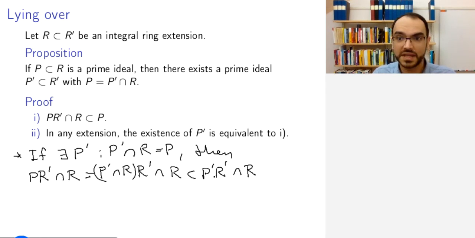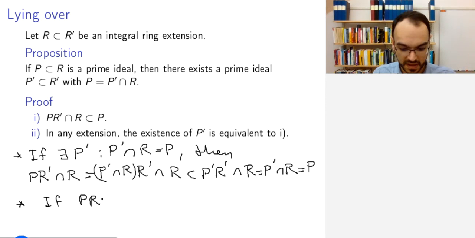But P prime is already an ideal in R prime, so this is the same as P prime intersect R, and by our assumption, P prime intersect R is P. So we have shown the inclusion of number 1. PR prime intersect R lies inside P.